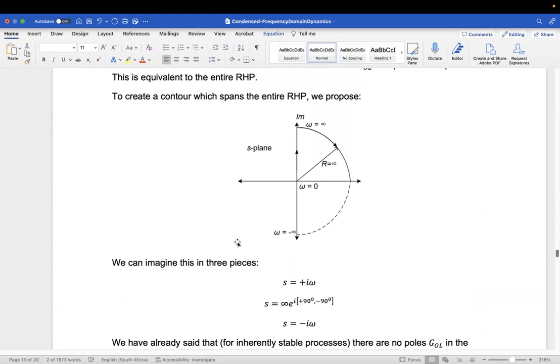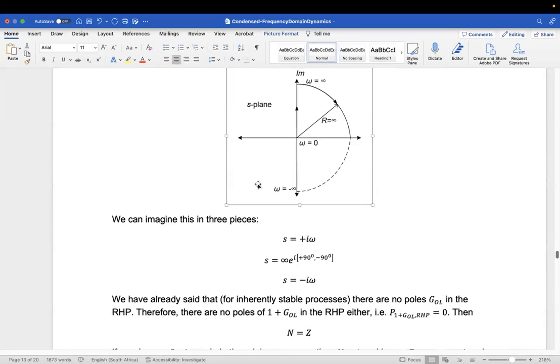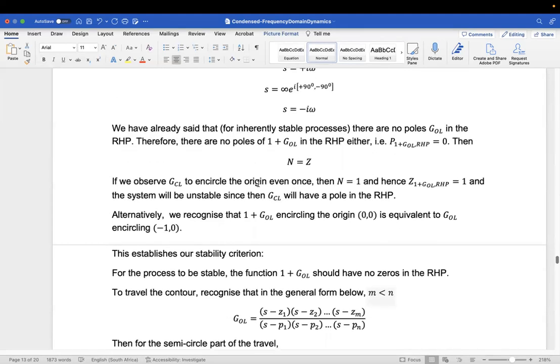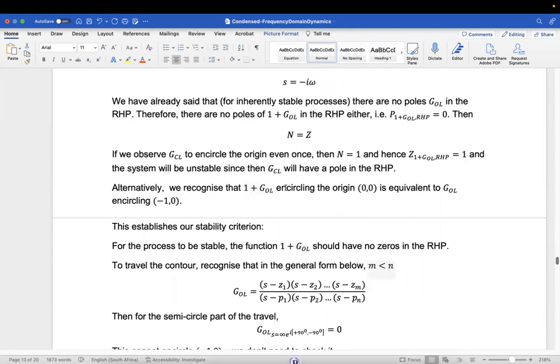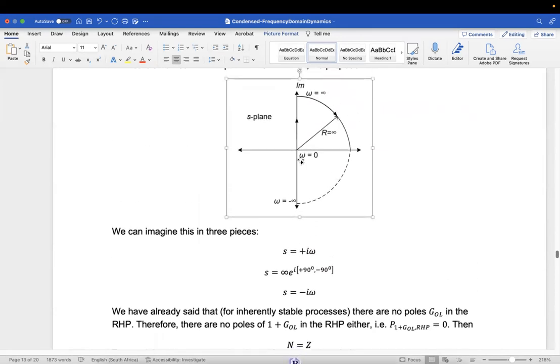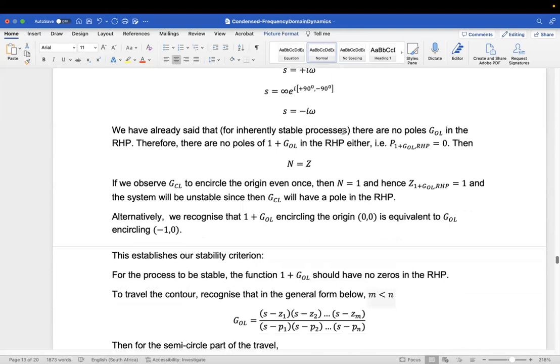So once more, we can find the point -1, 0, which will be somewhere here. And as we let S go through all these values, we observe G open loop. If G open loop ever encircles -1, 0, then that's the same as saying 1 plus G open loop has encircled the origin, and that means that we do have a 0 in the right-hand plane.